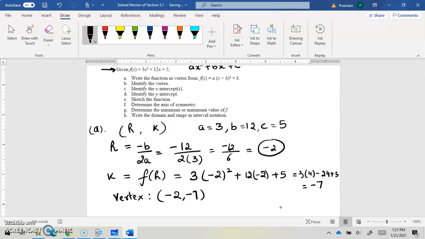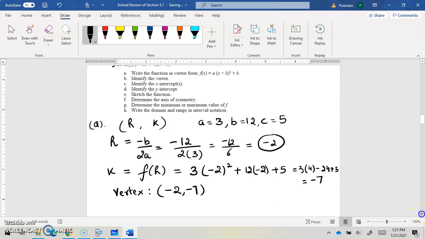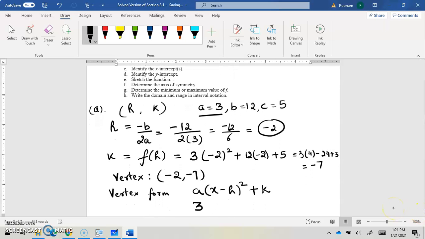How do you write the function in the vertex form? The function in the vertex form is written as a times x minus h whole square plus k. A is 3, so we say 3, x minus h is negative 2 whole square plus k is negative 7.